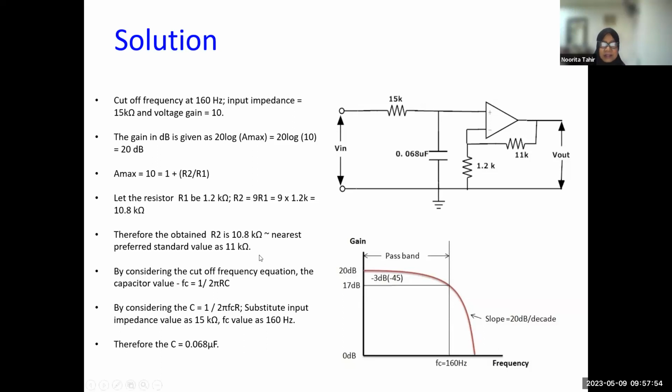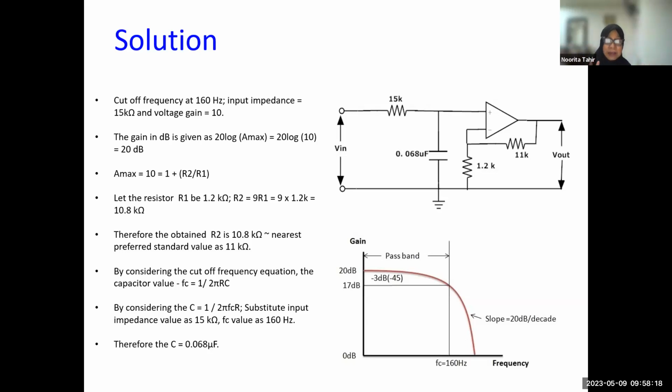The nearest is 11K. When you go for design, you have to relate to the actual practical values of resistors available in the market. 10.8 kilo ohm is not available, 11K is available, 1.2 kilo ohm is available. If you go to your laboratory, you will see in the drawers all the resistors.